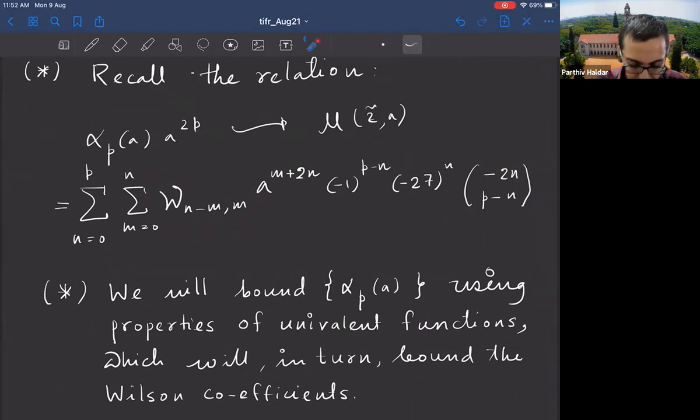Now, we are going to exploit the properties of univalence to put bounds on this alpha p, and that will finally translate into a bound on the Wilson coefficients.